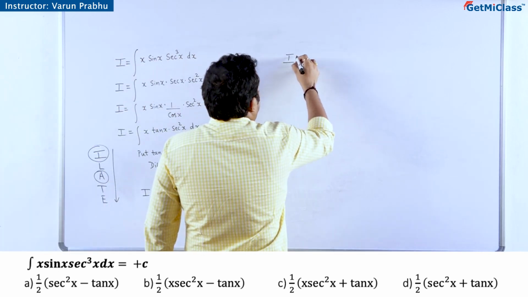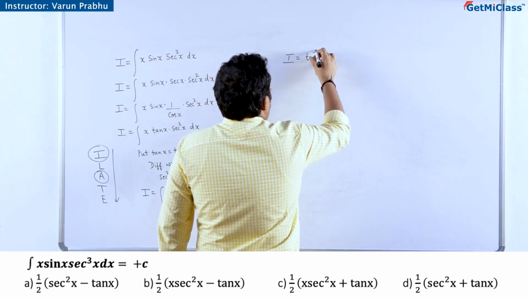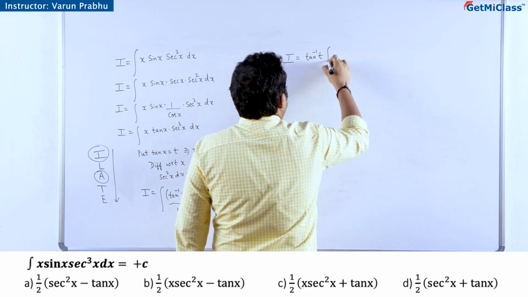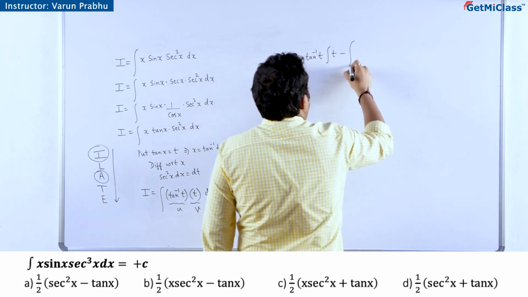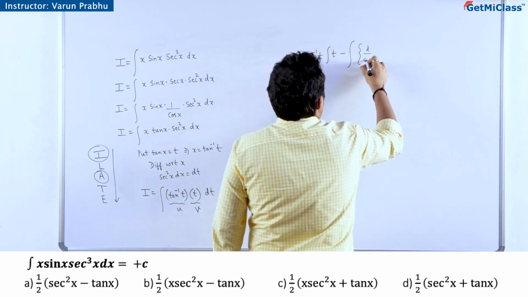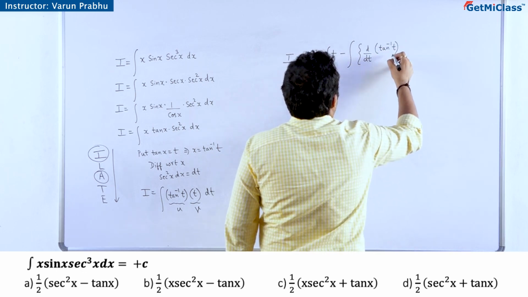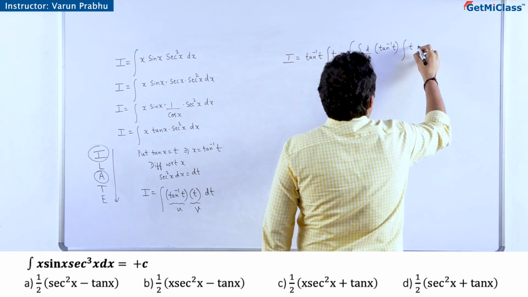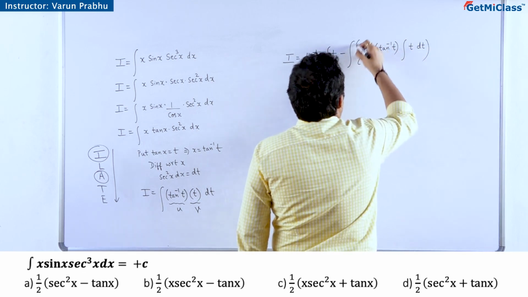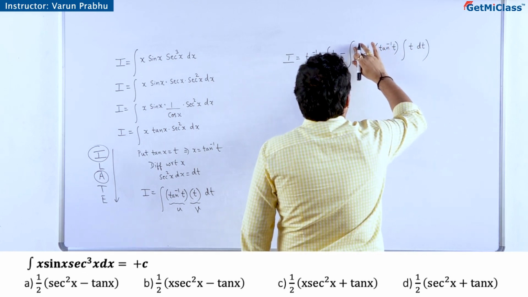So we can write I is equal to u into integration of v minus integration of the differentiation of u into integration of v dt, the whole dt, correct?